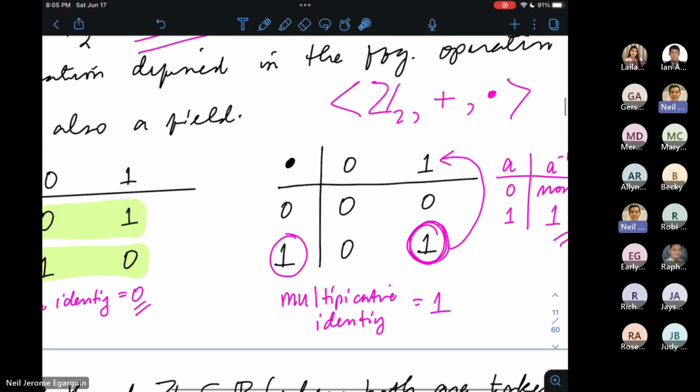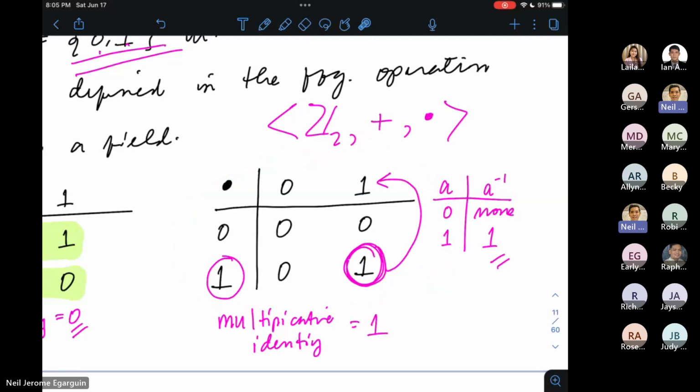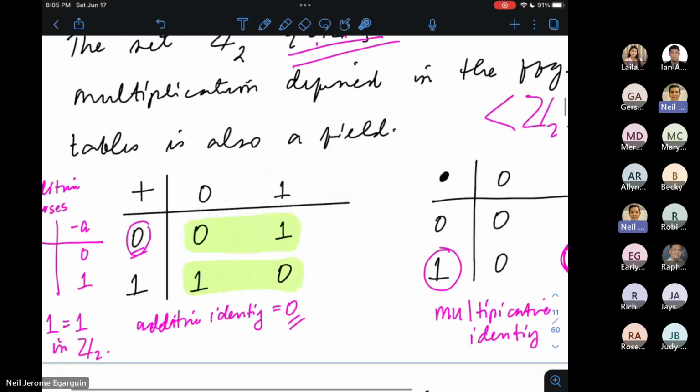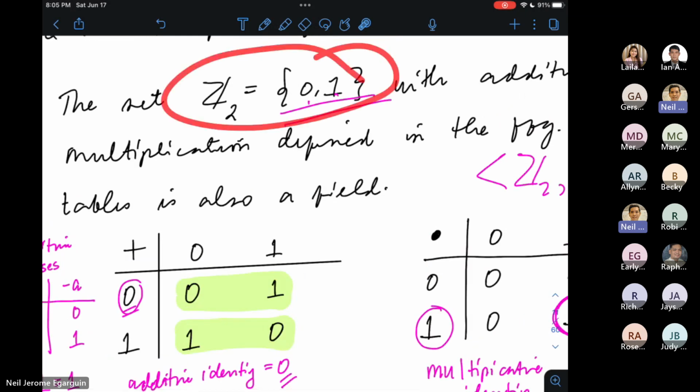Right? Yung multiplication, wala tayong problema yan. Kasi this is the same multiplication table for 0 and 1. Kaya lang yung addition ay naiba. Kasi yung 1 plus 1 natin dito ay iba mula dun sa 1 plus 1 mula sa set of real numbers. So, and also, Z2 is a different structure than the set of real numbers.